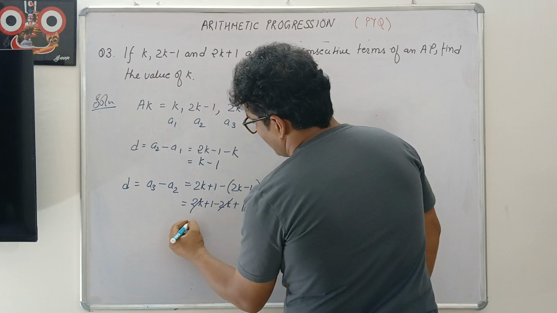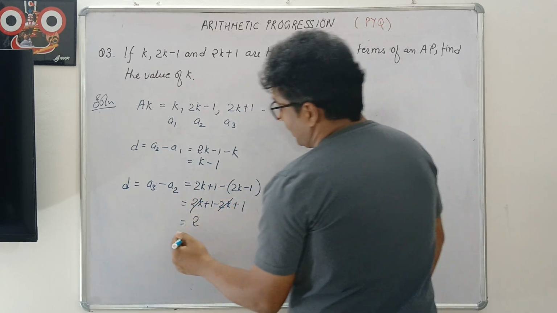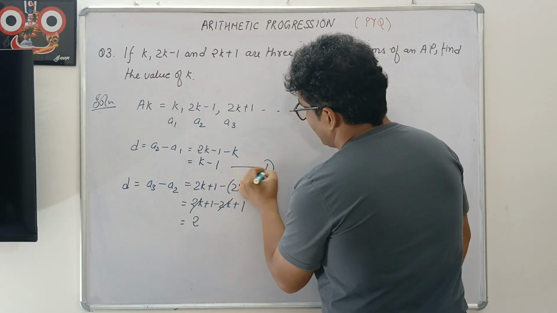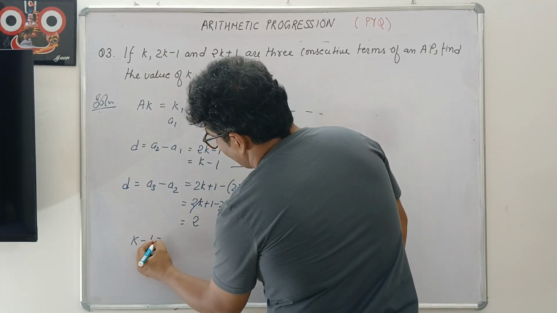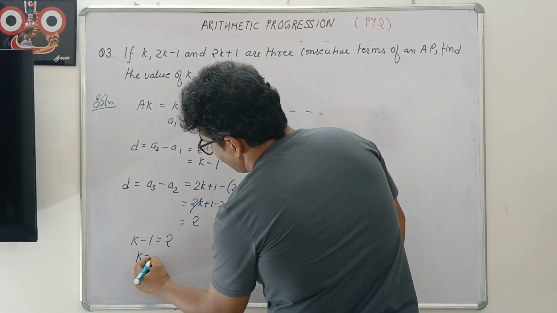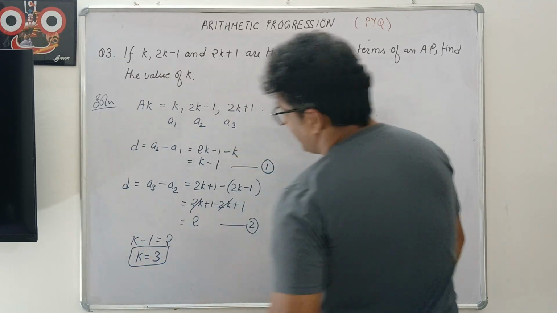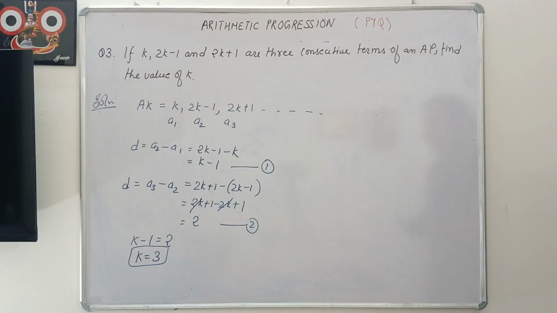This is 2. So both are equal, the first and second. So k minus 1 equals 2. So k is 3. The value of k is 3. Okay. Let's move to the next question.